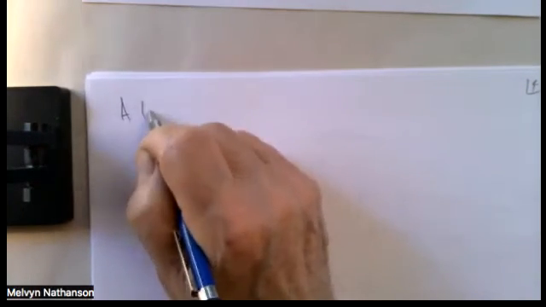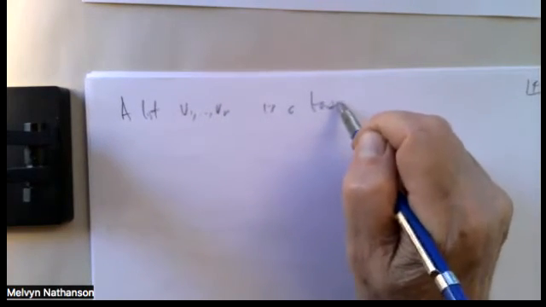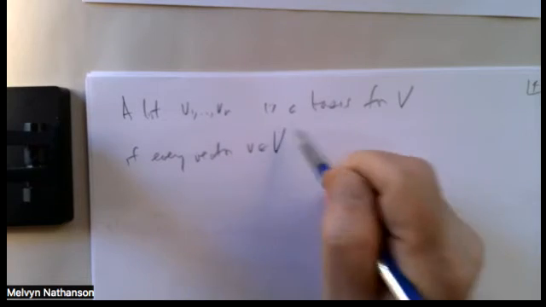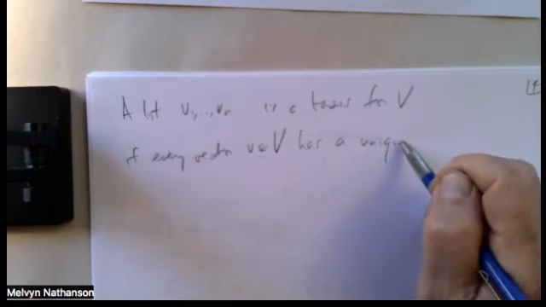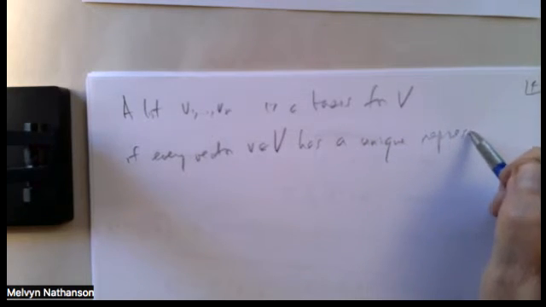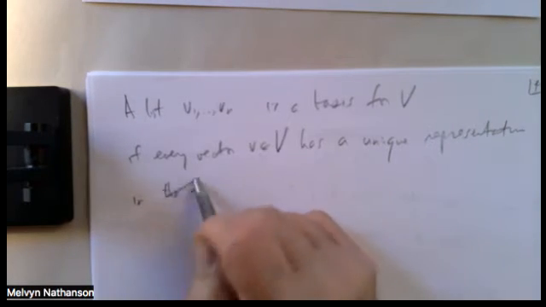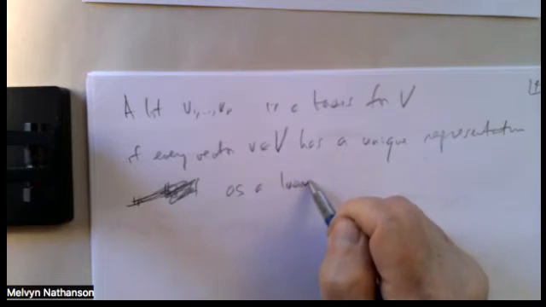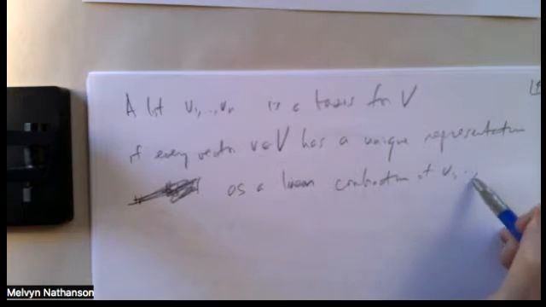So a list of vectors v1 up to vn is a basis for a vector space V if every vector v in the vector space has one and only one, that means has a unique, representation as a linear combination of v1 up to vn.